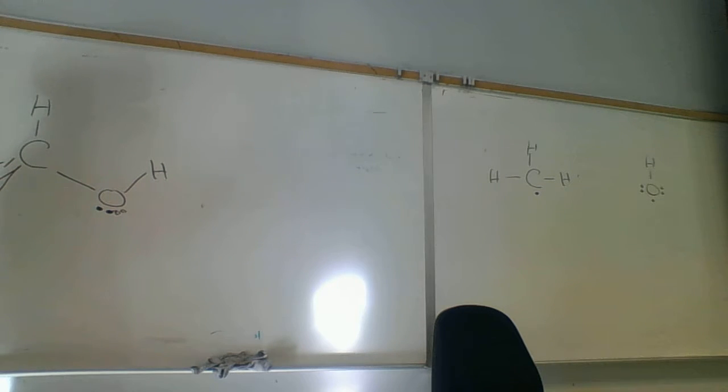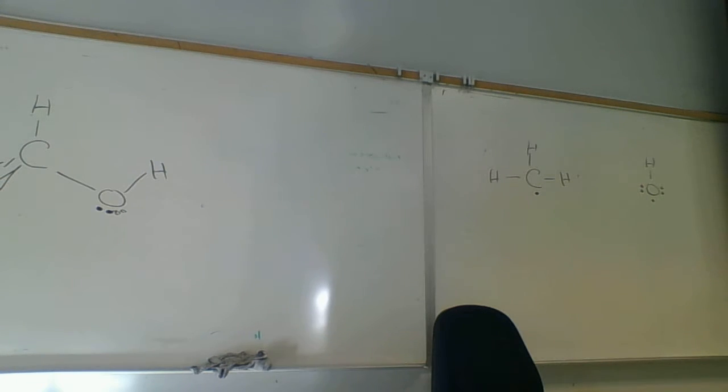In tetrahedral, all the angles are 109, no matter where you look at it. It's got this spherical symmetry. Everything's the same. And so the HCO angle is also 109. They're all single bonds, so we don't expect much distortion.